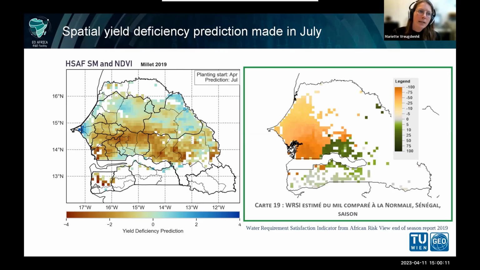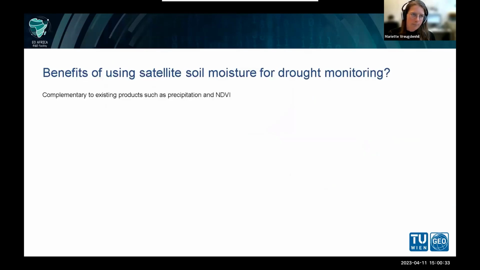So you have an early warning, so you can take early action and already prepare, and mitigate the drought effects, basically. So this is why this method is very interesting to use, and also the use of soil moisture data is very interesting because it can give us a much earlier warning for drought conditions and yield deficiencies.